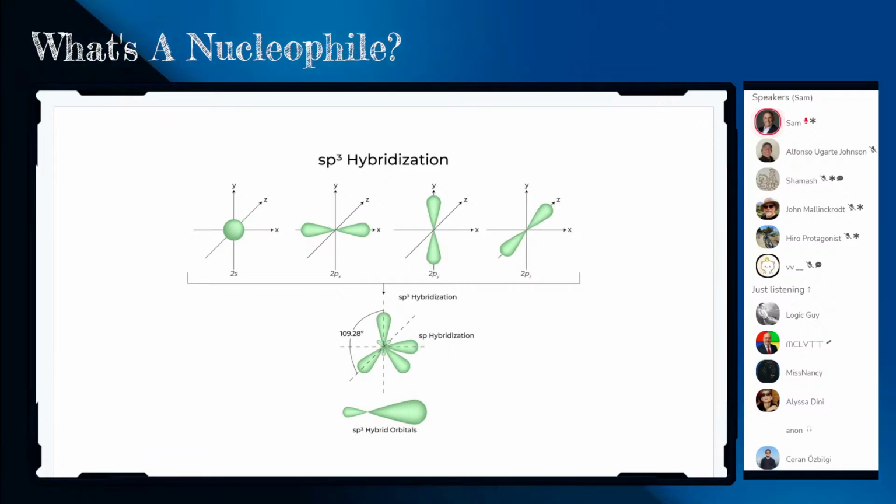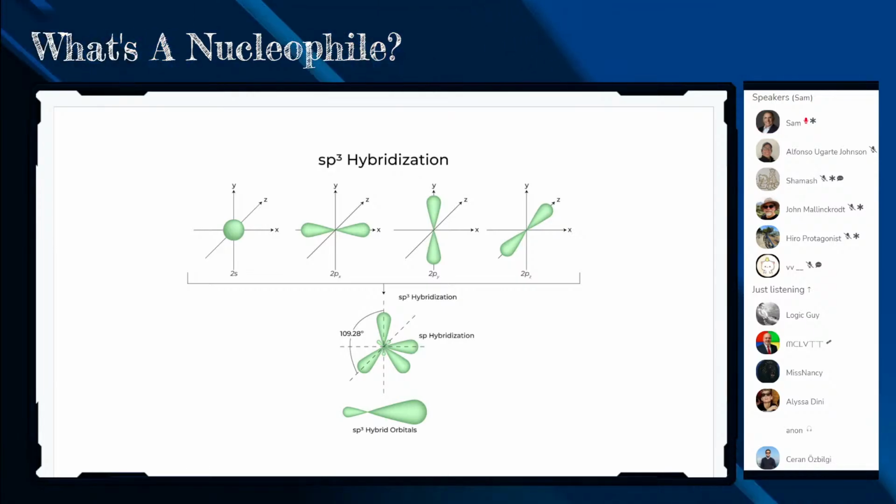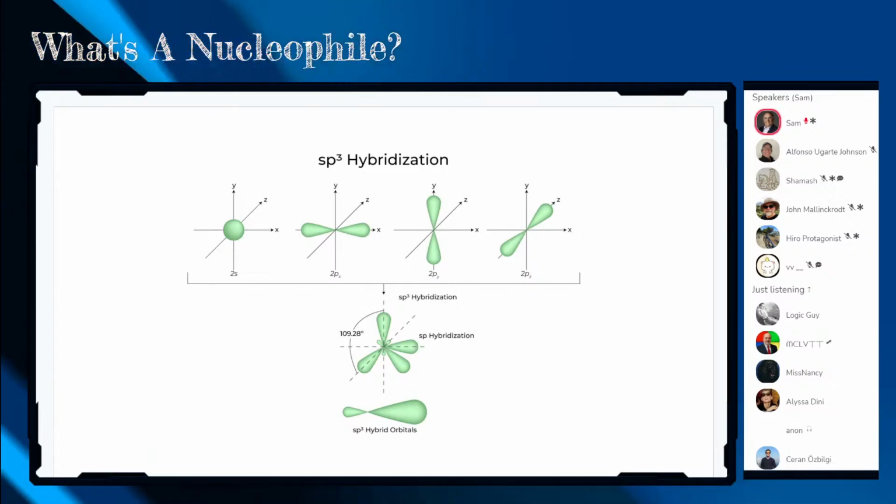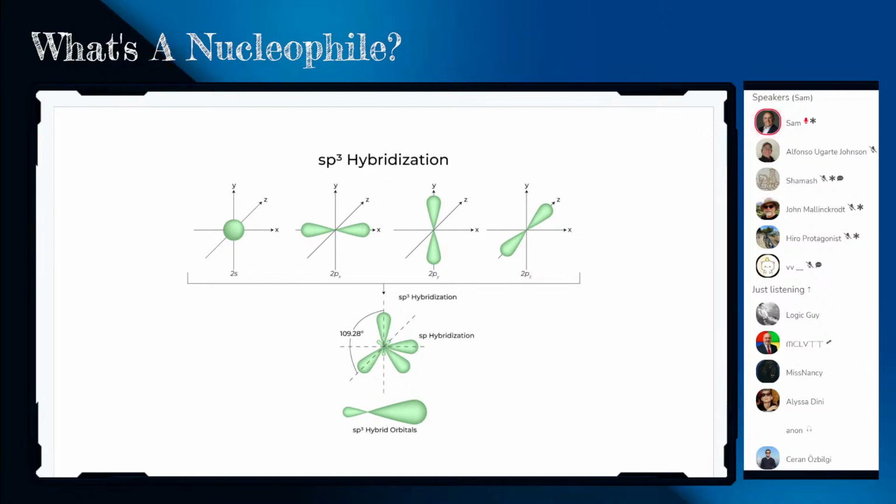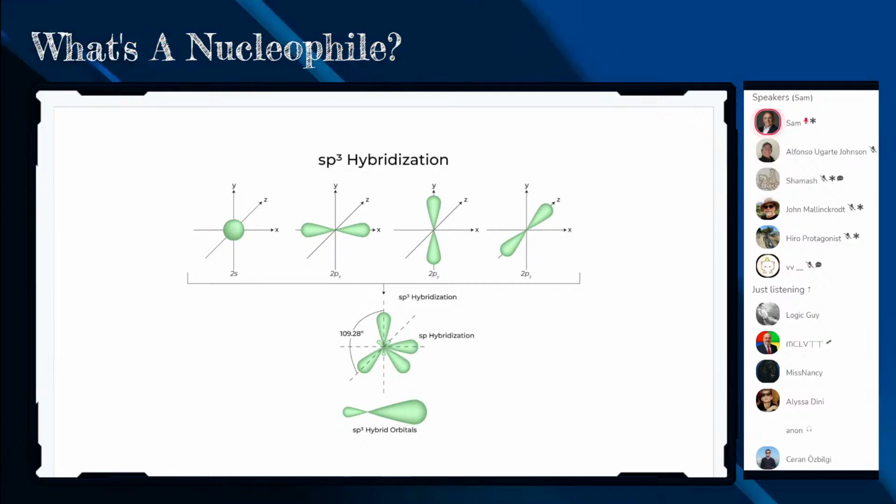Meaning that if I put electrons into the big lobe, then that lobe is ready to bond with the orbitals on another atom. But if I populate the antibonding orbitals, any bond on the other side is going to get broken.